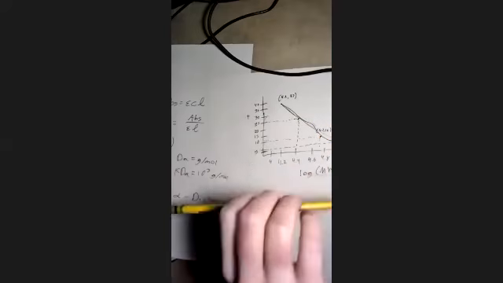Okay, so calculate the approximate molecular weight of band 1. So they want us to figure out band 1. Band 1 is at a distance of 21 and a half.